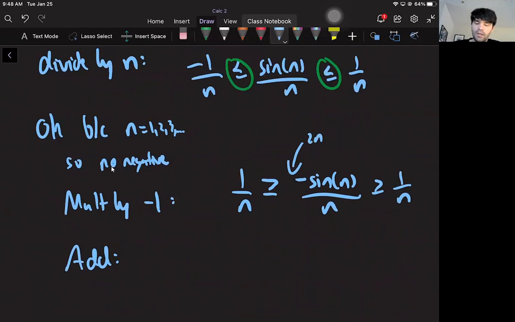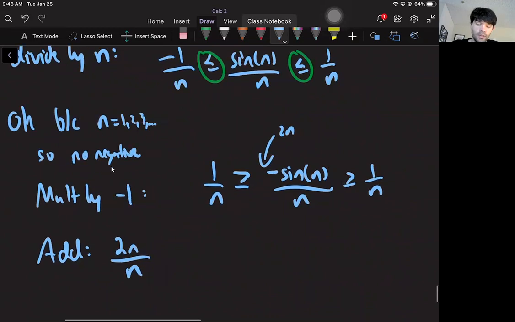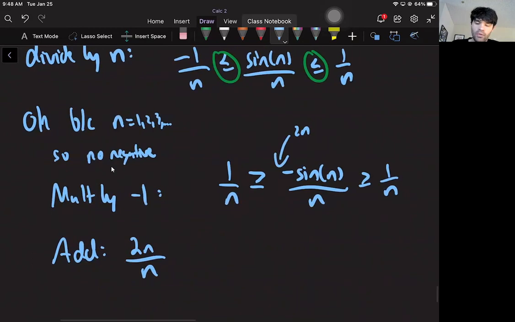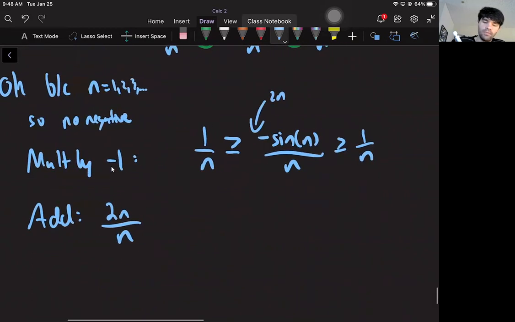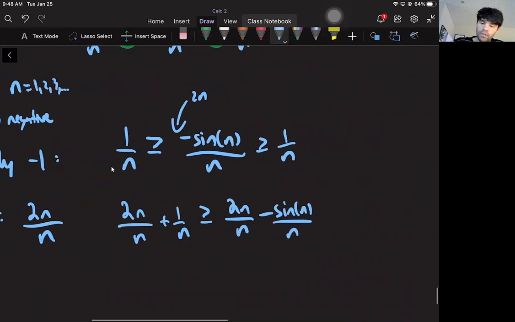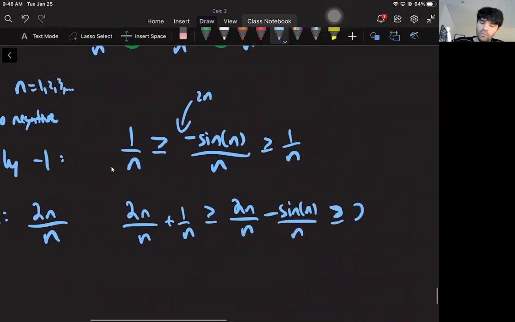That doesn't make sense. I have to have a common denominator to add fractions. So I really have to add 2n over n to all 3 things, which is really just a 2. And so if I add a 2 to all 3 sides, it doesn't change the direction of the inequalities again. And then this will give me what I want in the middle.